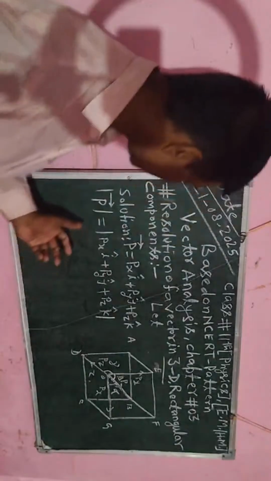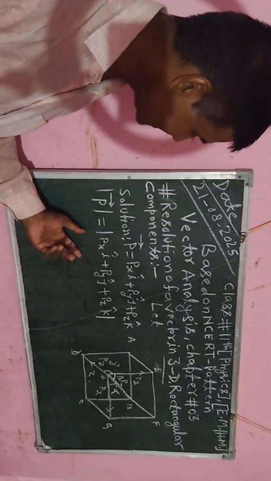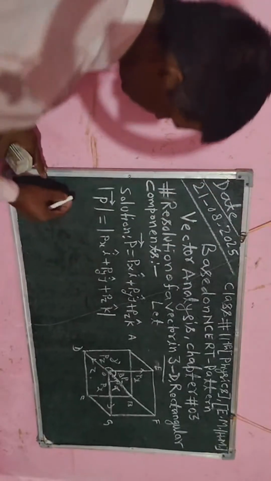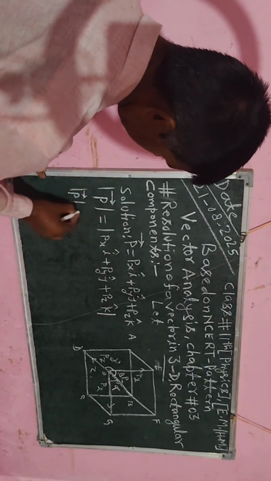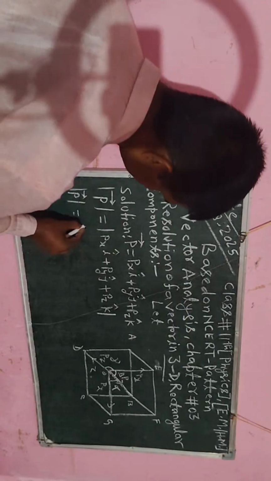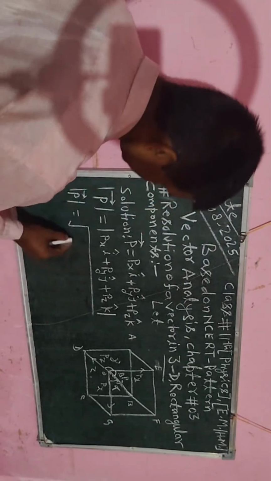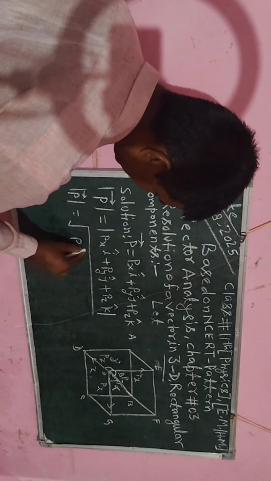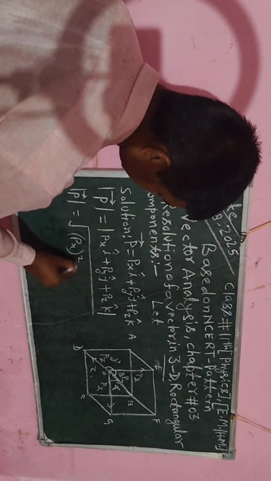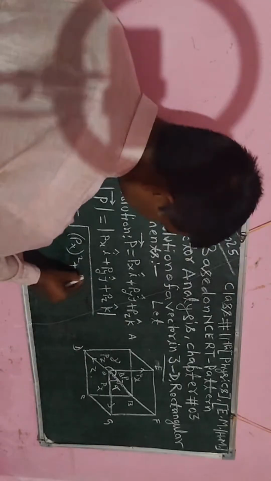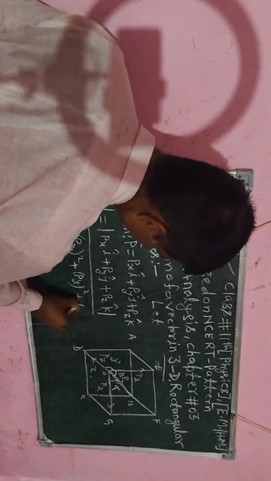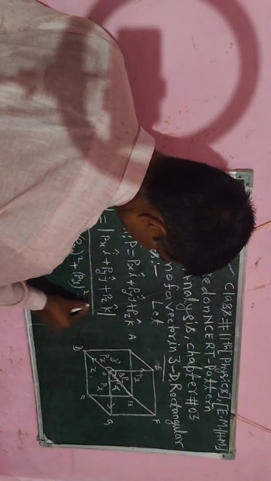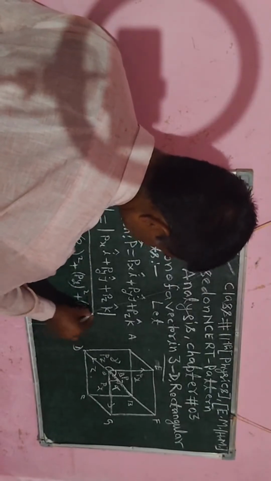First of all we are going to take its magnitude. So the magnitude of vector p will be the square root of the coefficient of vector i cap squared, plus py whole squared, plus pz whole squared.